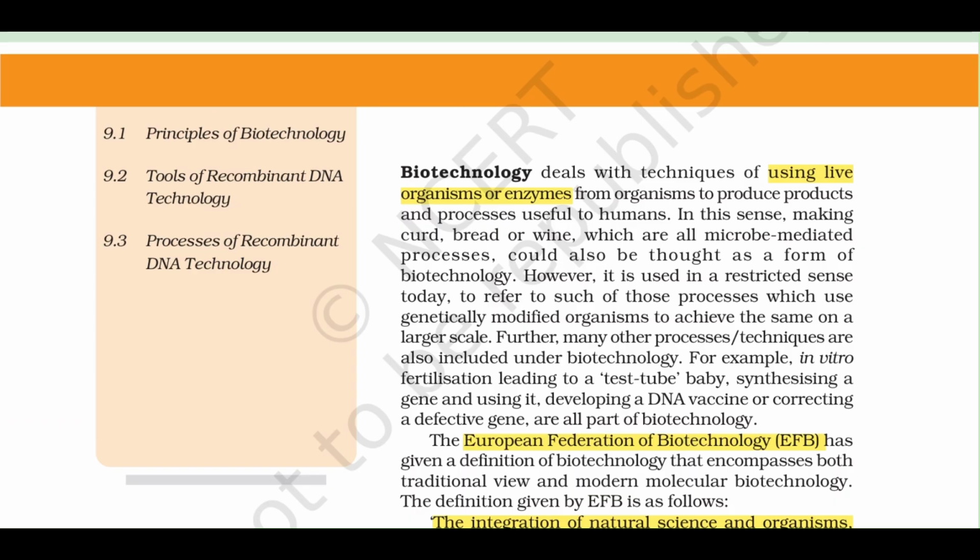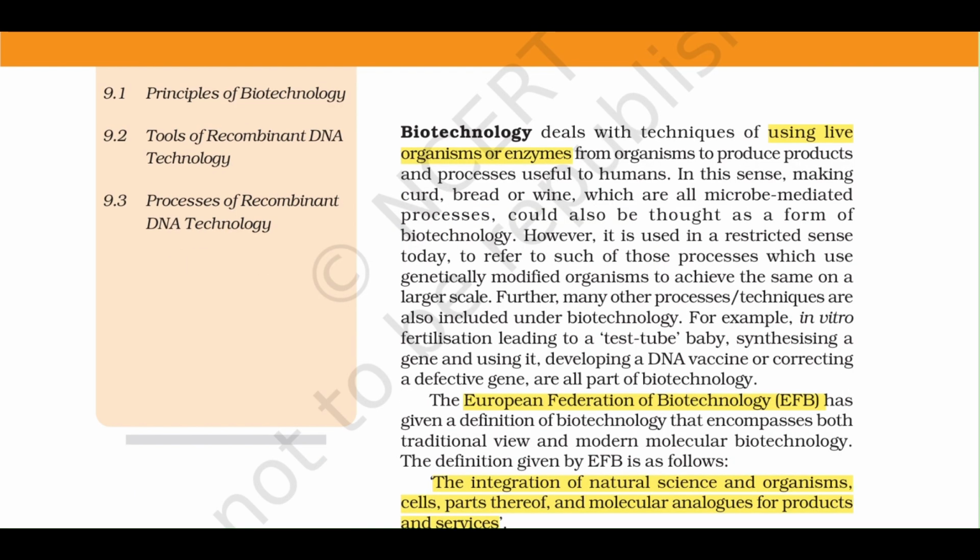So let's begin. This chapter is divided into 3 parts: the principle of biotechnology, tools of recombinant DNA technology, and processes of recombinant DNA technology. We know the basics of biotechnology, why we are using biotechnology. This is for producing genetically modified organisms, and in vitro fertilization leading to test tube babies also uses this kind of method, and so on.